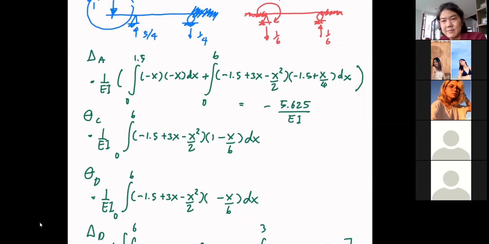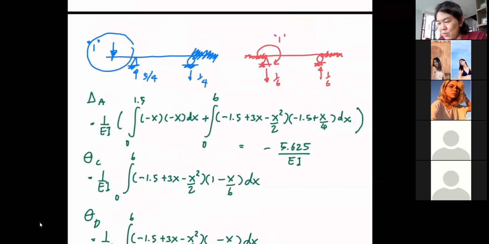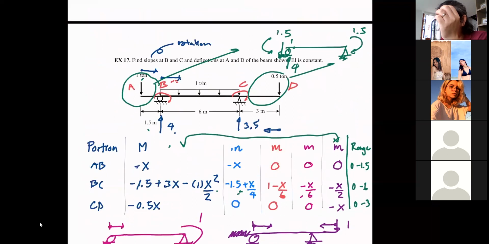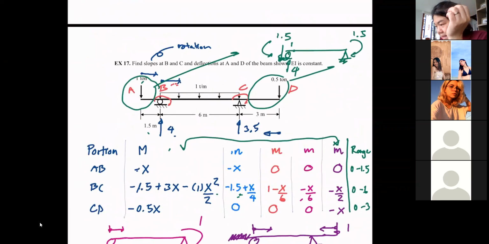Now it's the negative value. What does it mean, folks? You go back to this. See the blue one? We apply the downward unit force here, but we got the negative work. So that means the direction is opposite to the direction of the load we apply, right? And this is kind of fun because when you have a structure like a cantilever beam like this, that means the load is so heavy that this portion A is in fact going upward, right?